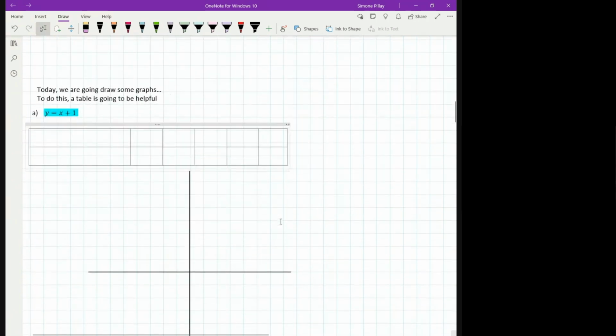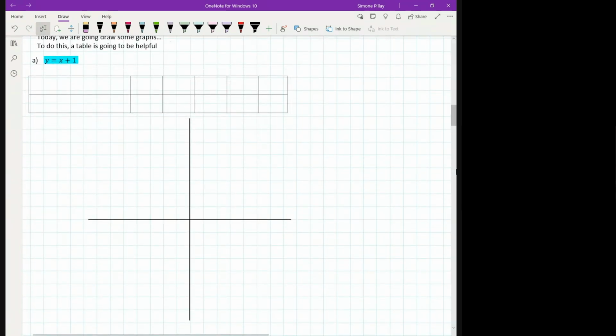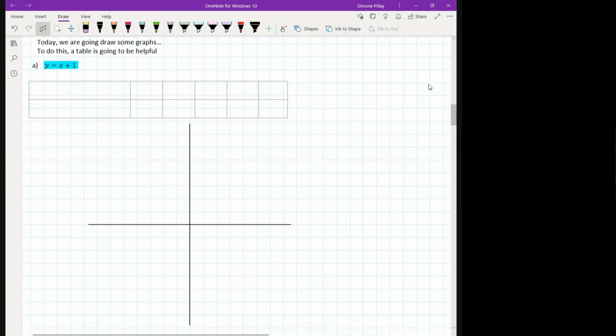So before our brain break, I want us to do this. As we see here, it says today we are going to draw some graphs, and I always fail to proofread. Today we are going to draw some graphs, but to do this, a table is going to be helpful. Now remember, when we spoke about relationships, we said that there can be one relationship, but many ways to represent them.